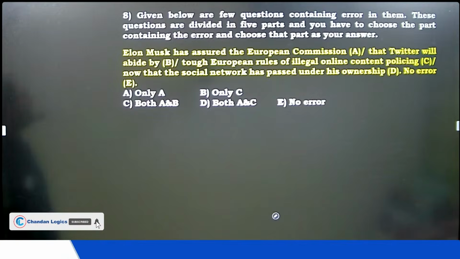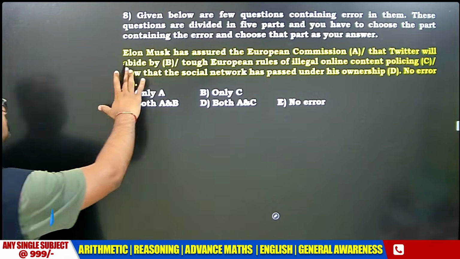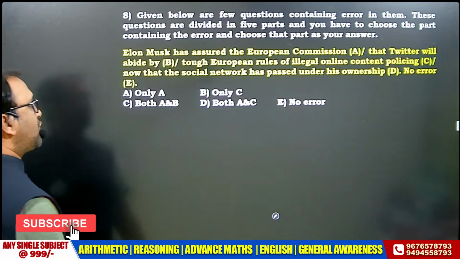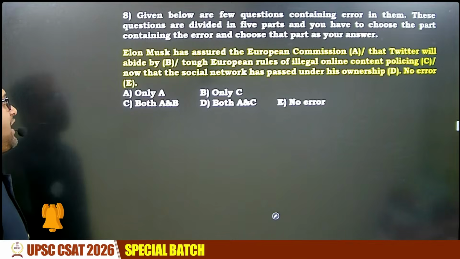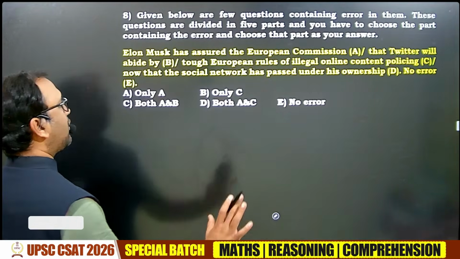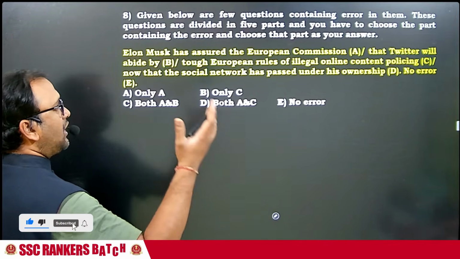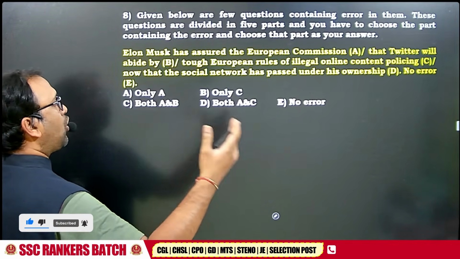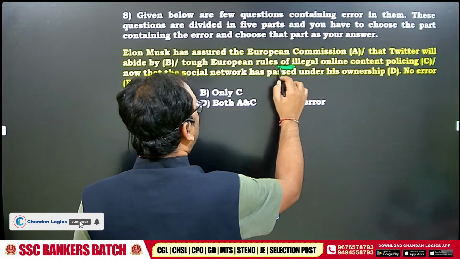Elon Musk has assured the European Union. See, Elon Musk, everybody knows. He has given assurance to the European Union. What is the assurance? What is the promise? Twitter will abide by tough European rules. What is the point here? There is a lot of illegal online content, correct? So the rules of, again the same problem, dear.